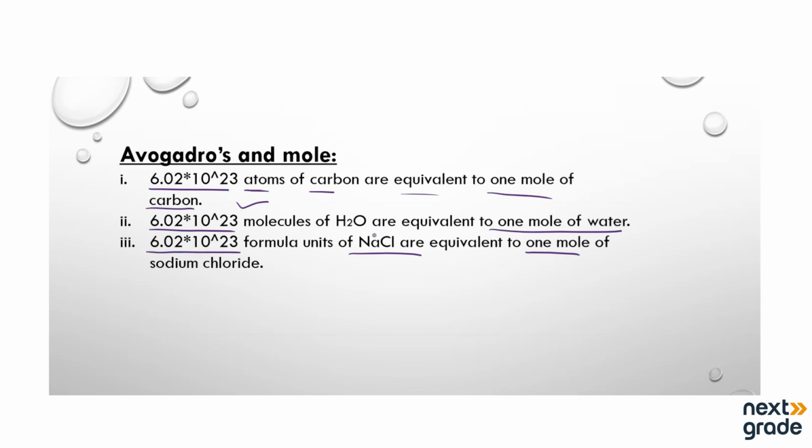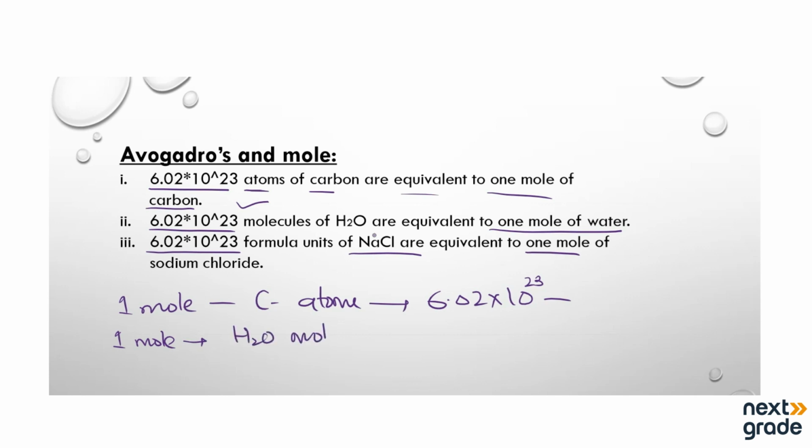Means if we have 1 mole of carbon atoms, it has 6.02 × 10^23 atoms. If we are talking about 1 mole of water molecules, it has 6.02 × 10^23 molecules of water.